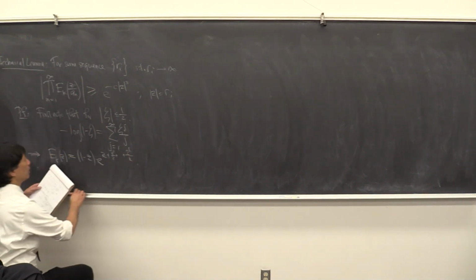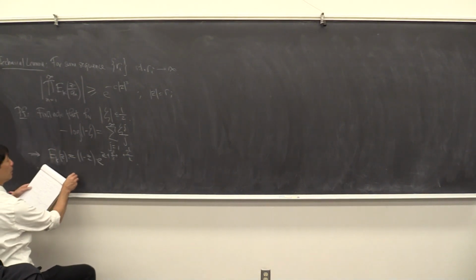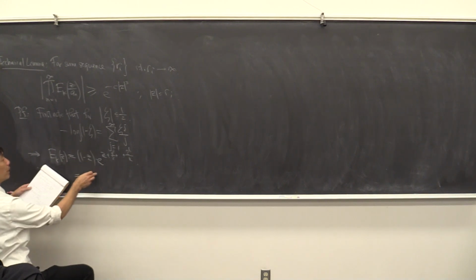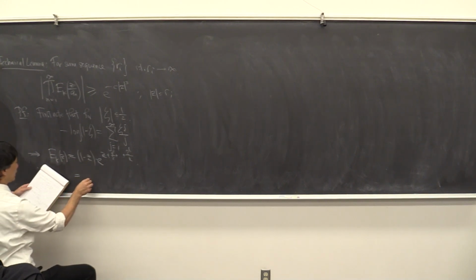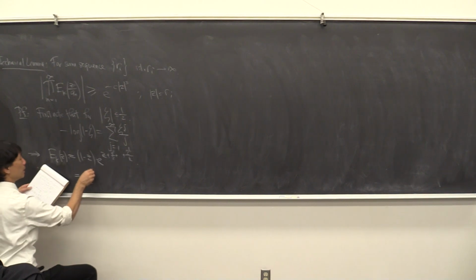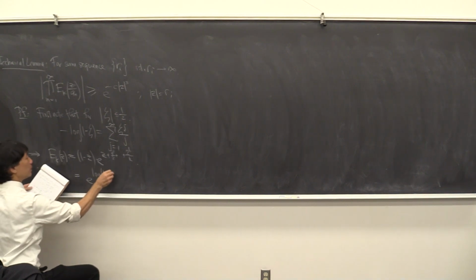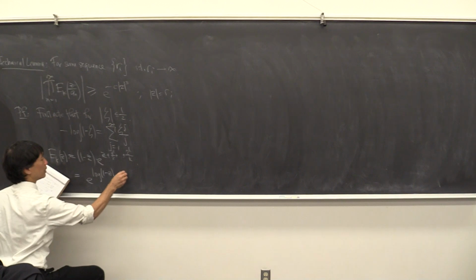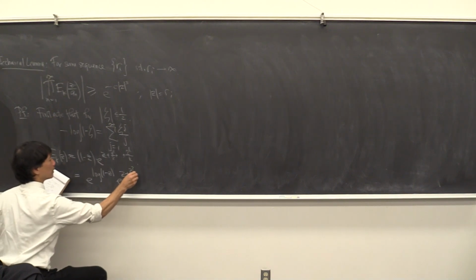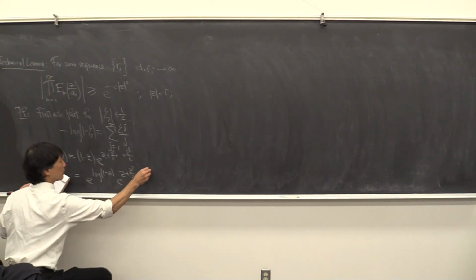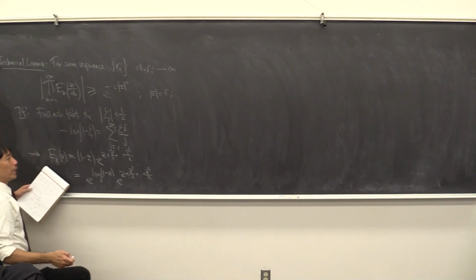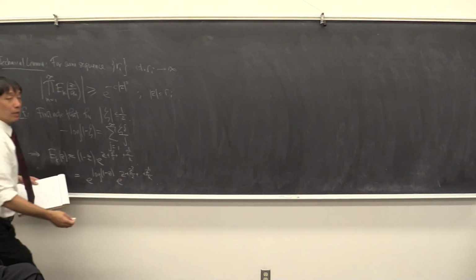But we write this as, of course, e to the log of 1 minus z times that. And then you just cancel off, right?